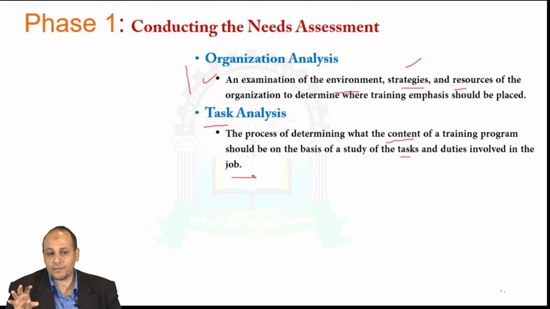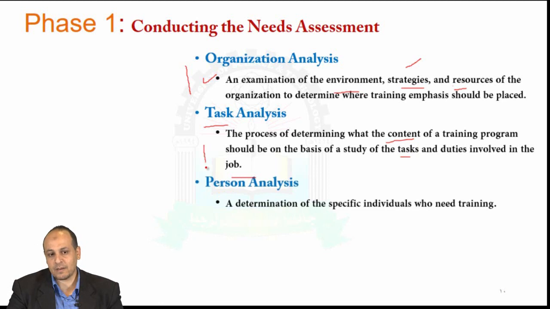So this kind of analysis is more about the task itself and disregards the employee who should handle this task. So according to the requirements of these tasks, we might need some kind of training to polish the skills or the experiences. For example, certain kind of competencies need to be polished before we assign this job to the employees.